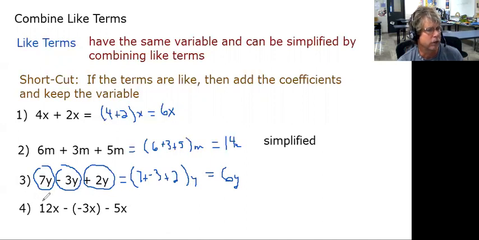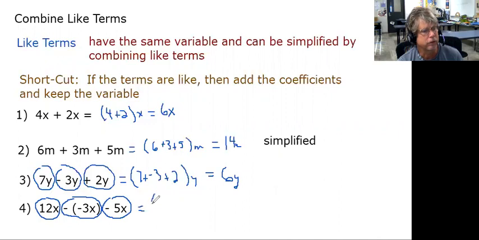When I do this one again, when you're combining like terms, the circle method is very powerful. So I circle the first term. When I circle the second term, remember to include the operation with that. And then when I circle that third term, remember again to keep that operation with it. So when I add the coefficients, I see the 12.